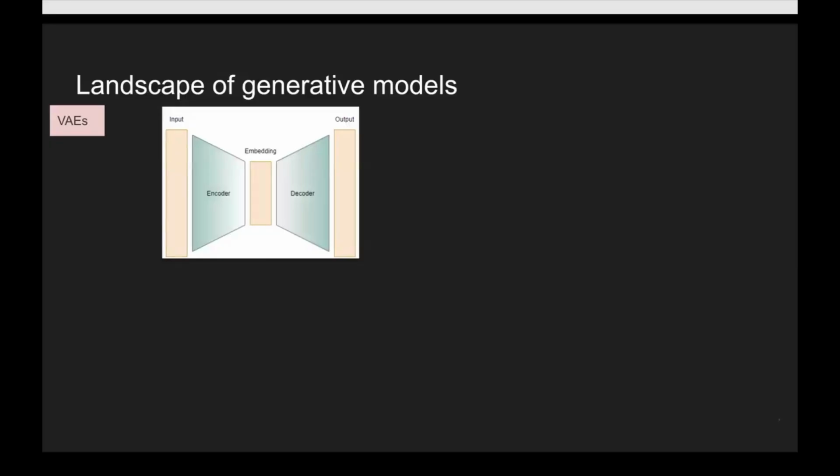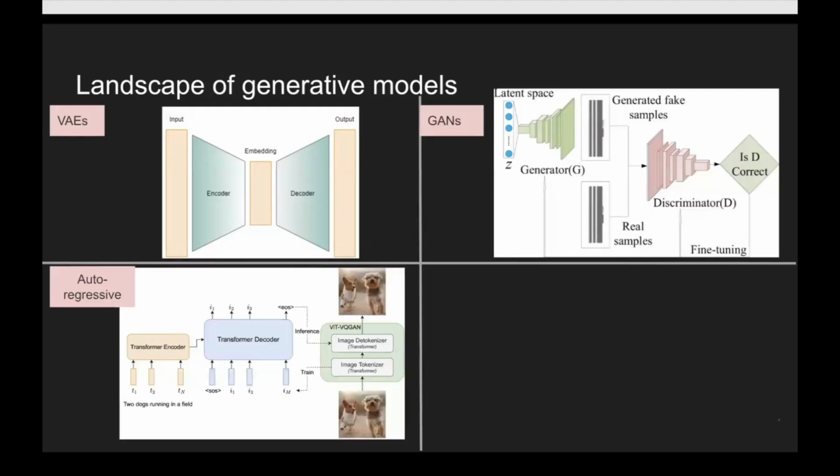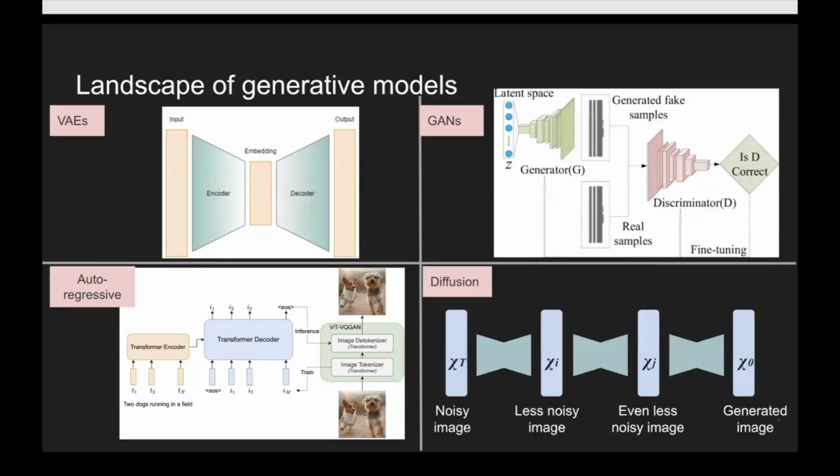There has been a step improvement in the kind of models that we could leverage. We were in the world of variational autoencoders and GANs a few years ago, but then slowly made our way towards using autoregressive models, not just for text but also for image and video generation, and then also diffusion.